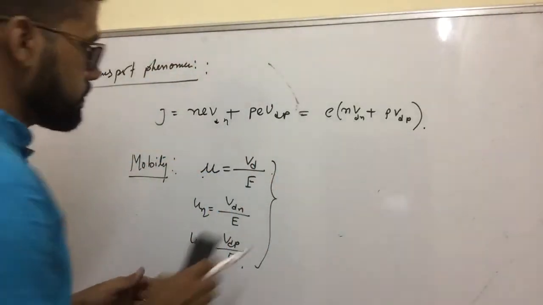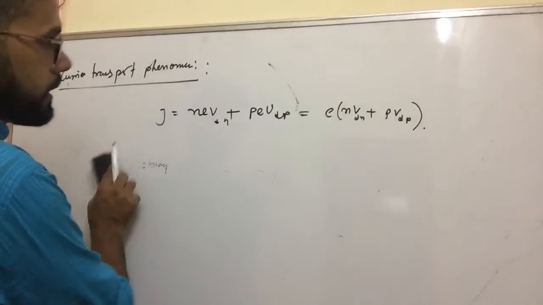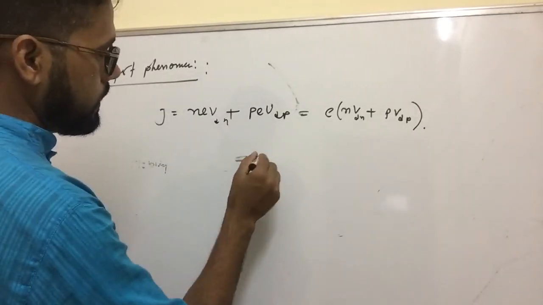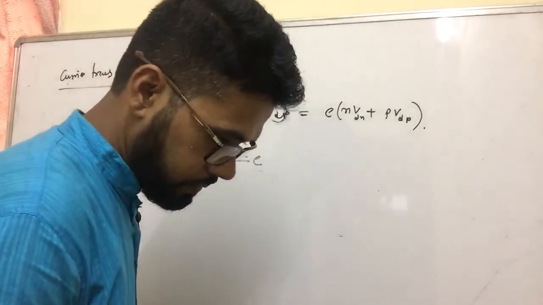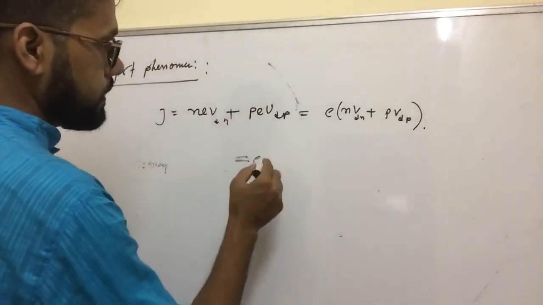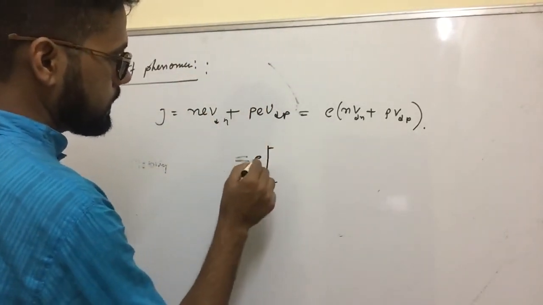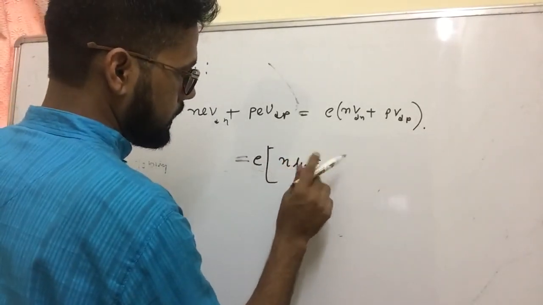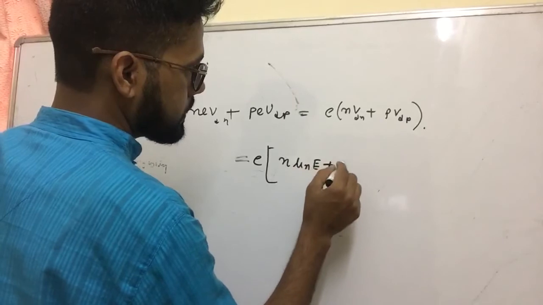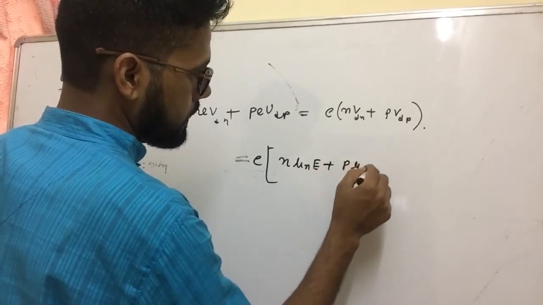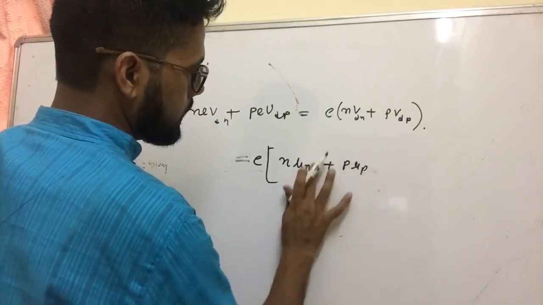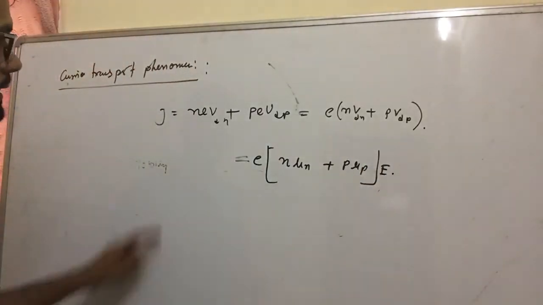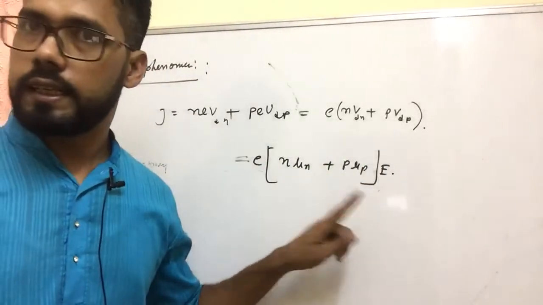So if I replace the mobility in the equation, E is common, and we get mu n E plus P mu p E. E is common, I'm taking it outside. Is it okay? This is the current density in a semiconductor. Clear?